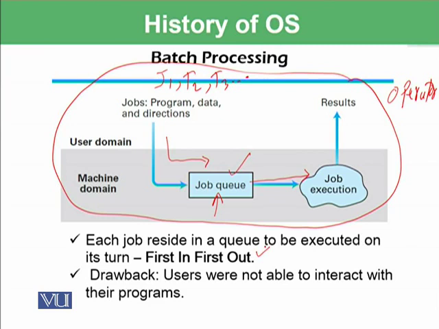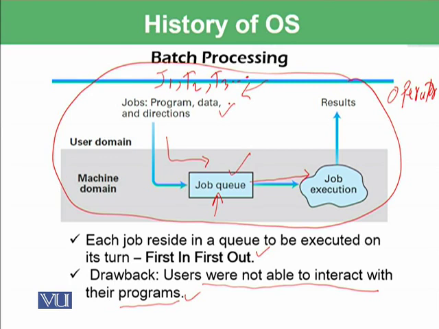And the drawback of batch processing was that users were not able to interact with their program, because users have submitted their jobs somewhere here, and then if any job needs some input from the user, for example, if there is a program which is doing addition of two numbers, then both of the numbers need to be inputted within the job as static data so that the addition can be performed.